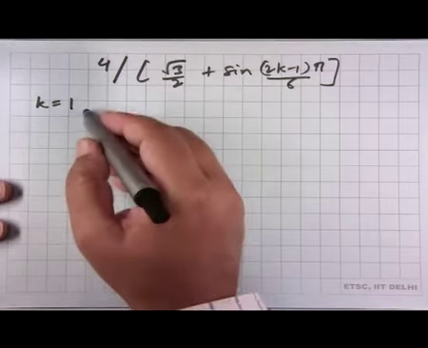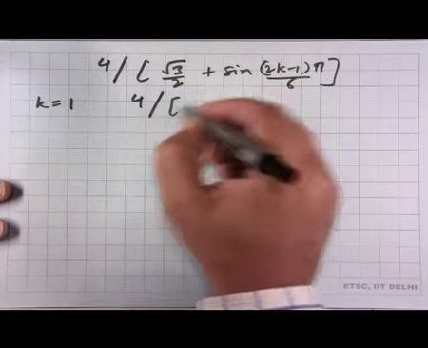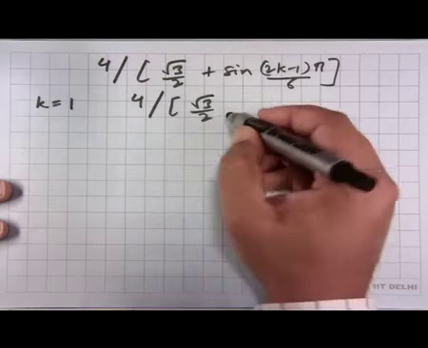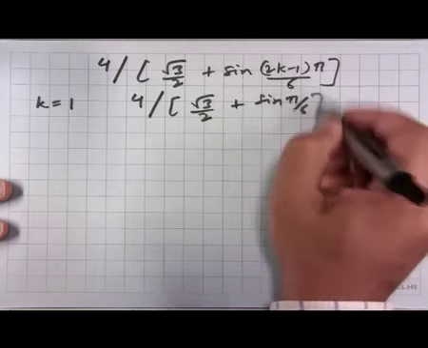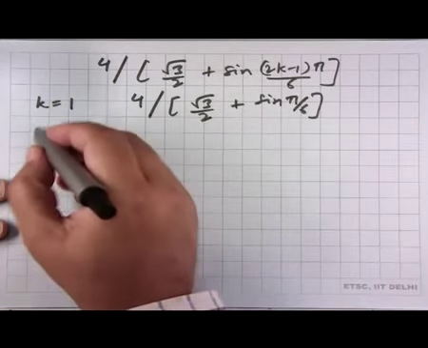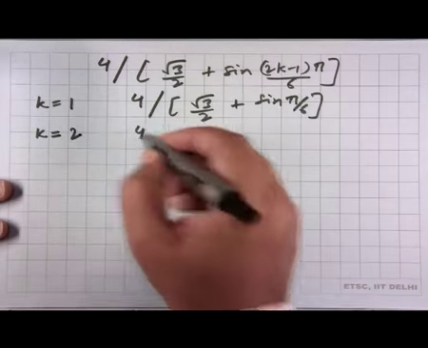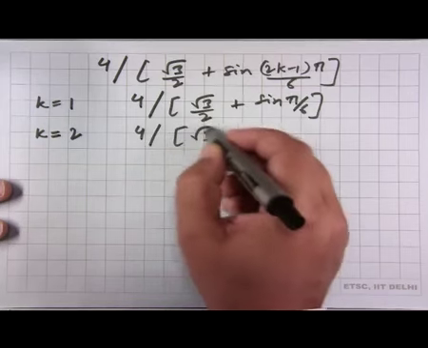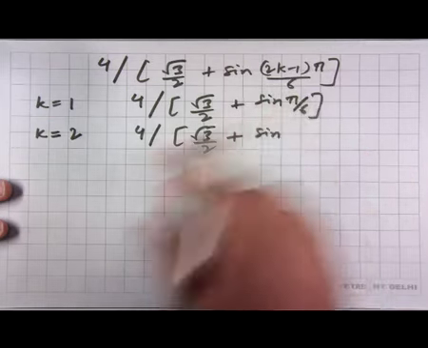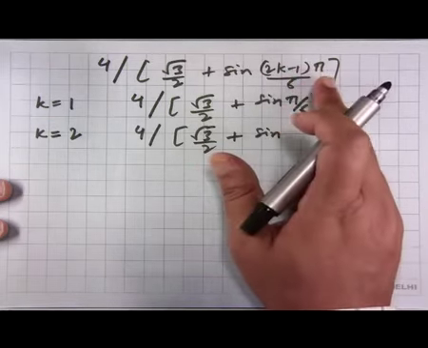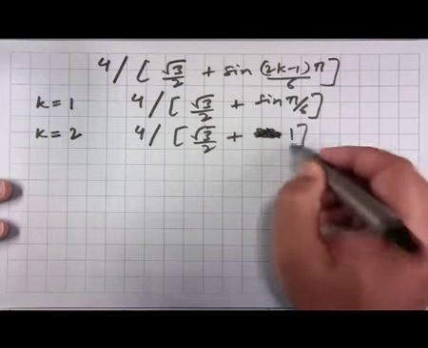So, with k equal to 1, the first term is 4 divided by square root of 3 over 2 plus sine of pi by 6, and then the second term is 4 over square root of 3 over 2 plus sine of 3 pi by 6. When you put k equal to 2 here, you get sine of 3 pi by 6, but sine of 3 pi by 6 is sine of pi by 2, which is exactly equal to 1.